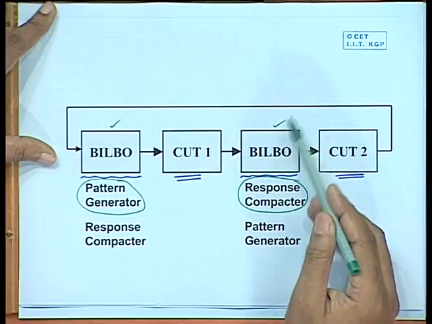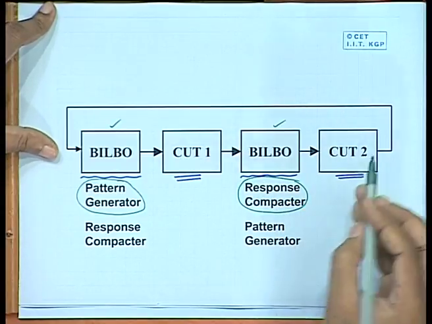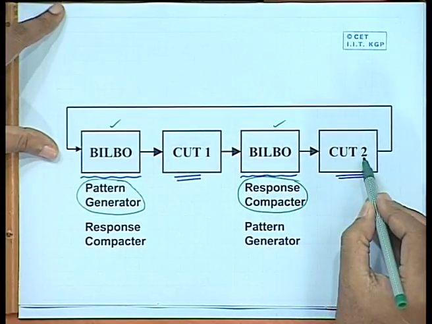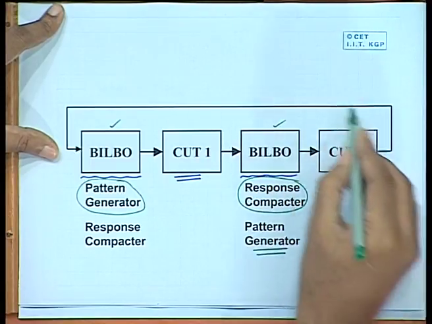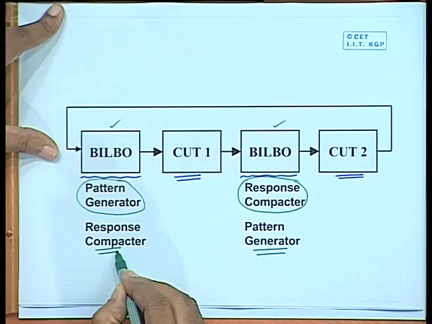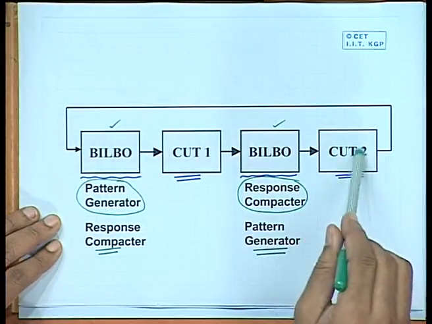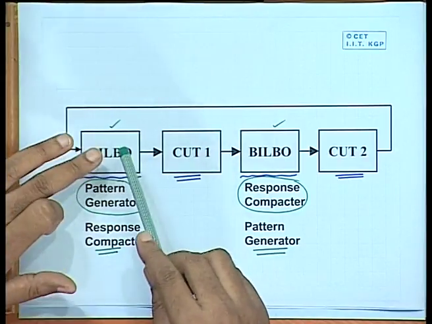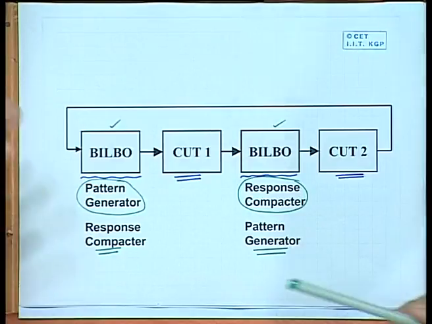After compaction you can compare with the good value and see whether it is good or bad. Similarly, when you are trying to test circuit under test 2, then this Bilbo will be generating the patterns and this one will be compressing. Okay. So, in this way, in a normal circuit, by configuring some of the registers as Bilbo registers, we can make this self testing work.